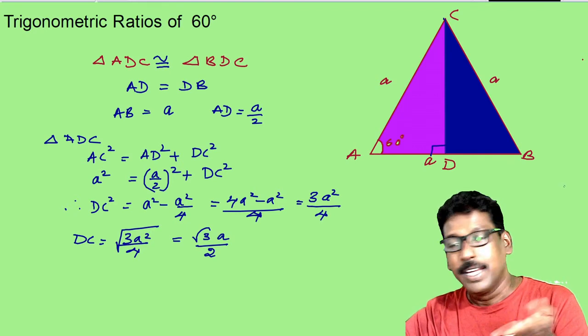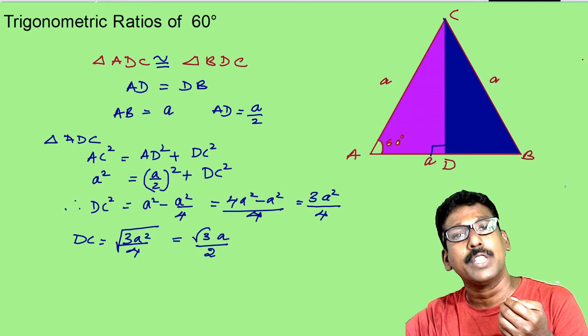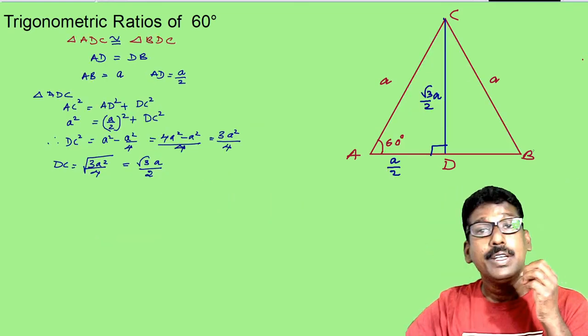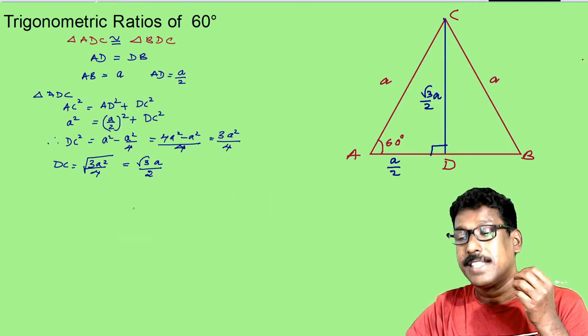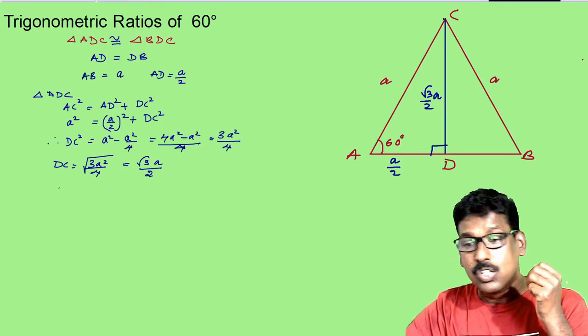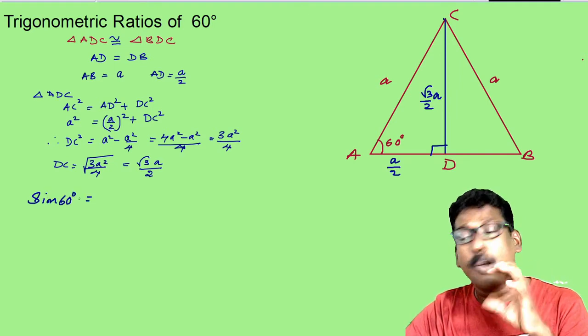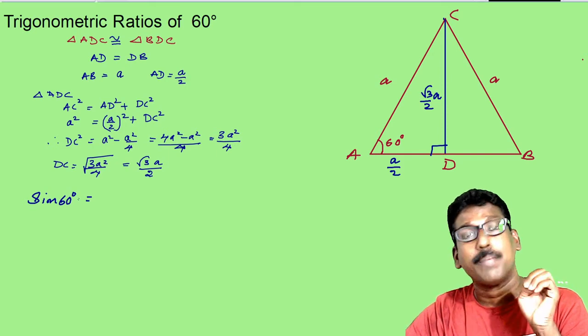So, here AD you can write as a by 2 and DC you can write as root 3 by 2 a. Now, consider triangle ADC. Angle A is equal to 60 degrees. So, how can you define sine 60 degrees? Sine 60 degrees is equal to the opposite side of 60 degrees divided by hypotenuse.